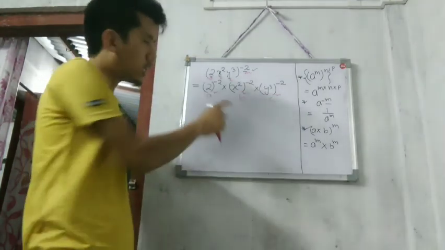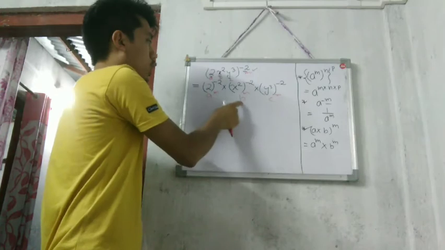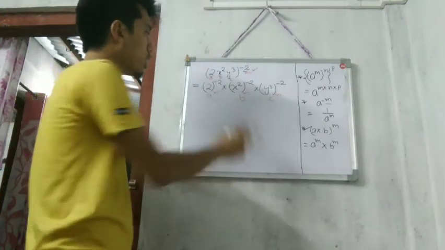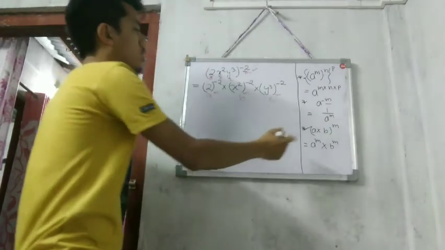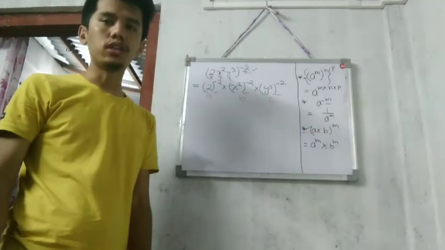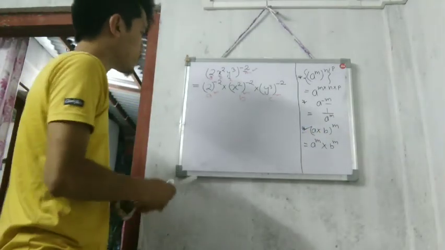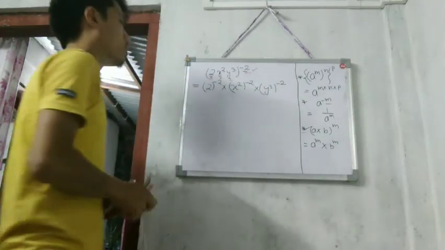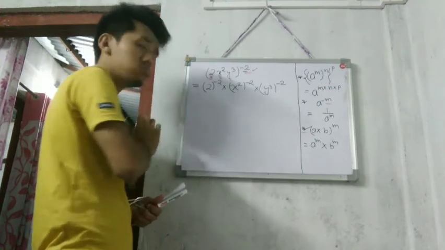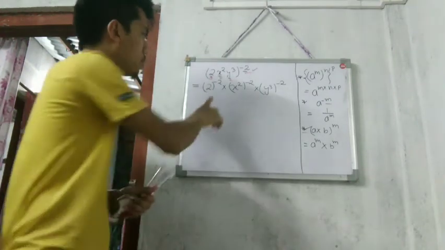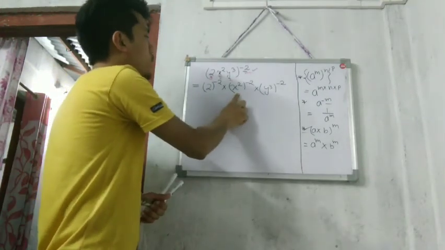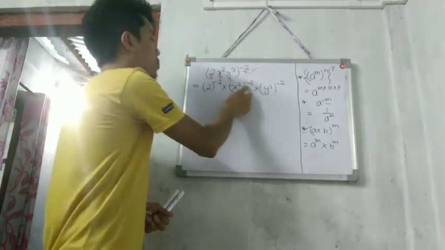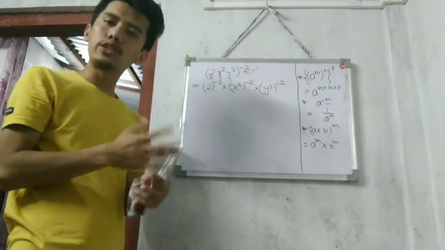So that is a to the power m into b to the power m into c to the power m. This is the formula we have used here. Here a means 2, b means x square, and c means y cube, and they have the same power: minus 2, minus 2, minus 2.